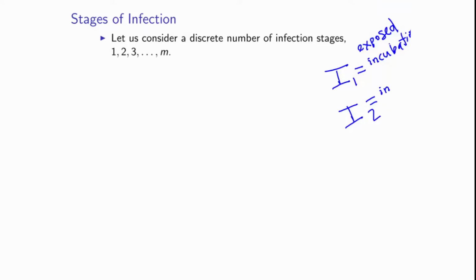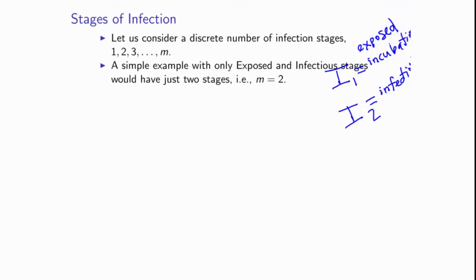So here they are infectious. So I sub 1 is what we'll call exposed, and then I sub 2 is what is called the infectious stage. This is an example in which there are 2 of these. In general, you can say there are m infection stages, and here m equals 2.